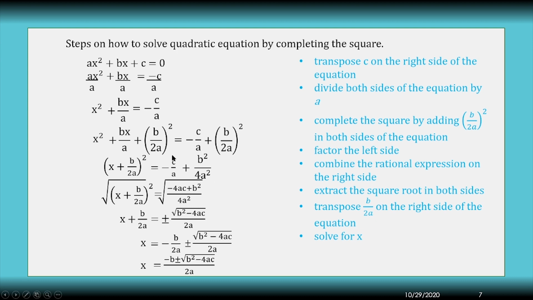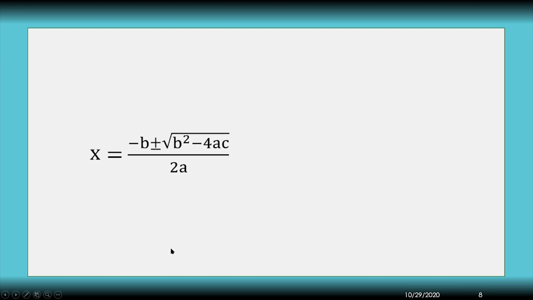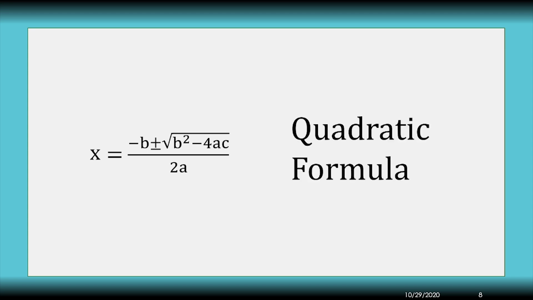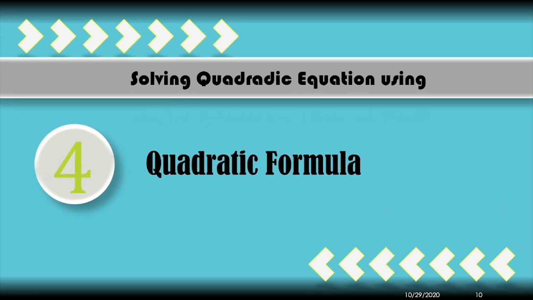Okay, so let us use this x is equals to negative b plus minus square root of b squared minus 4ac all over 2a. So gamitin natin siya in solving quadratic equation. And this formula is what you call the quadratic formula. And this is the lesson for today. Solving quadratic equation using quadratic formula.